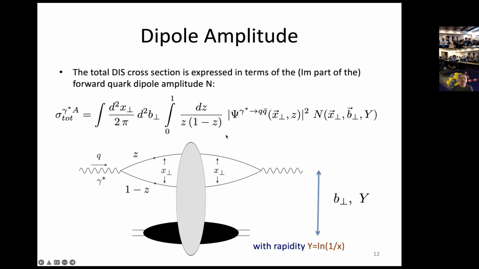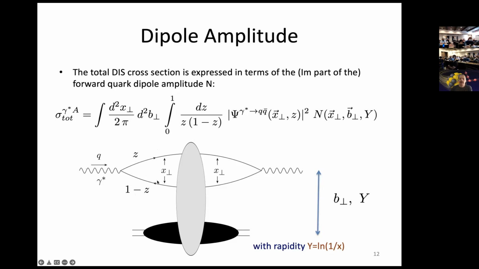I'm not writing that explicitly. It depends on the longitudinal momentum fraction of this virtual photon carried, say, by the quark, which we call z. So the quark carries the fraction z of the q minus momentum of the photon. The antiquark carries a fraction of 1 minus z.